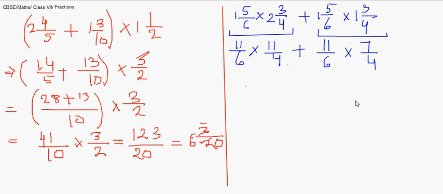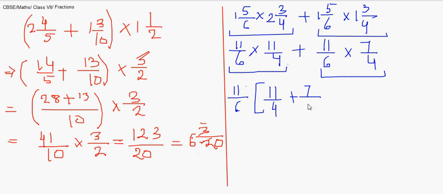Herein we can apply some properties of whole numbers or integers, which you must have learned, to fractions. So you can see 11 by 6 can be taken common, thereby leaving the first part as 11 by 4, and in the second set, if I have taken 11 by 6 common, I will be left with 7 by 4.